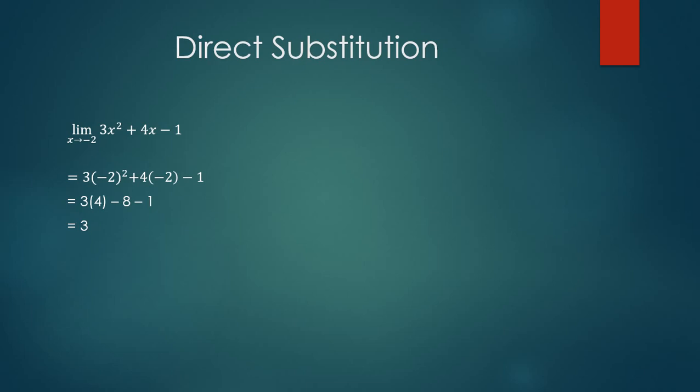Let's look at another example. We want to find the limit of 3x plus 1 divided by x minus 1 as x tends to 5. Once again, through direct substitution, we replace the x's with 5, simplify, and we get 4. So here the limit is equal to 4.